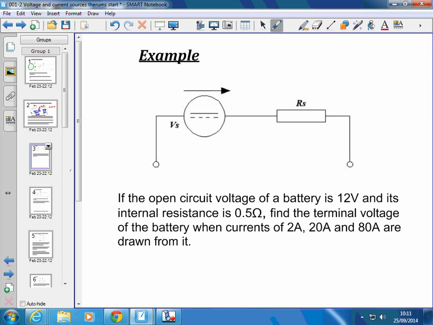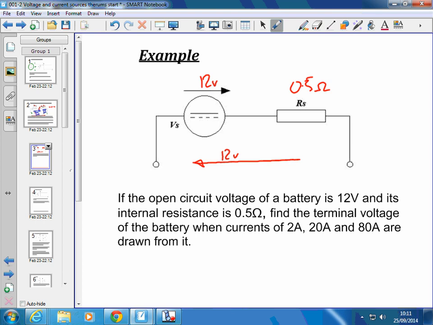If the open circuit voltage of a battery is 12 volts, so open circuit is 12 volts, i.e. this ideal voltage source must be 12 volts. And the internal resistance is 0.5 ohms. Find the terminal voltage of the battery when currents of 2 amps, 20 amps and 80 amps are drawn from it.